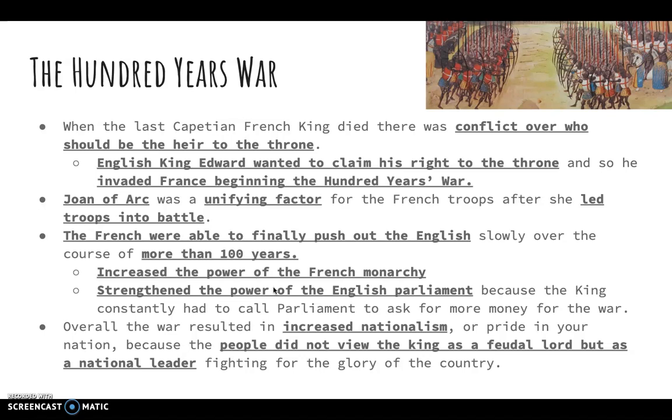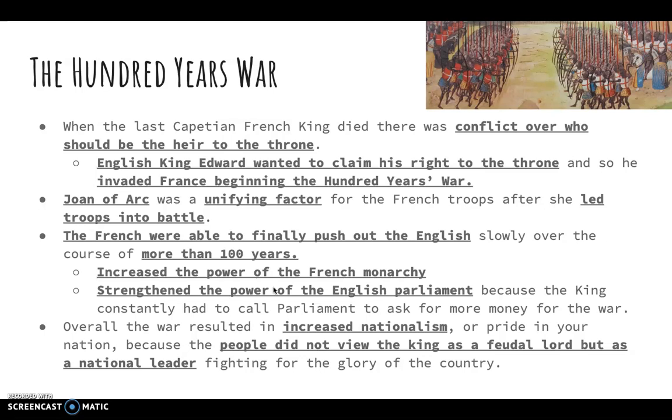Very similarly, in England, the English Parliament are going to be the ones that are gaining the most power. Remember, the Magna Carta withdrew some of the powers of the king and limited the king's power. The king had to, as a result of the Magna Carta, go to Parliament to ask for money for the war. And so the 100 Years' War strengthened Parliament because the king constantly had to ask for more money for the war.